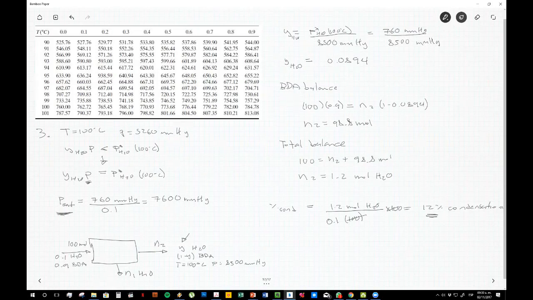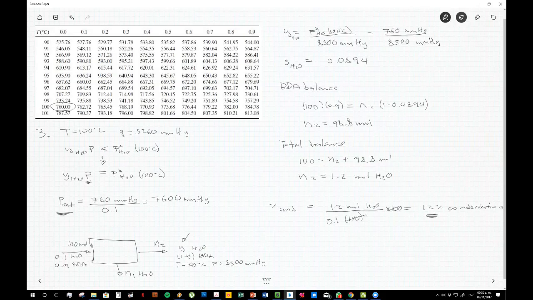Yes. Okay, so that means that we know that at the conditions that we had in the problem, 100 Celsius and 5,260 millimeters of mercury, the partial pressure of water, so 0.1 times the pressure, 5,260 millimeters of mercury, is lower than the vapor pressure of water at 100 degrees, right? So if we know that, because at 100 degrees is 760, we know that this vapor is superheated, okay?